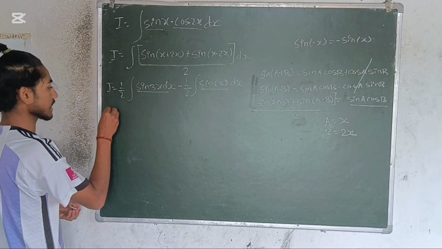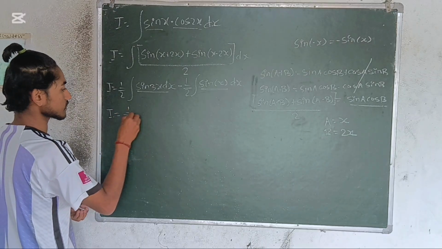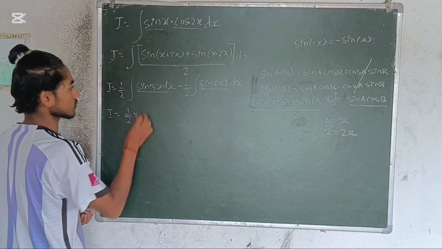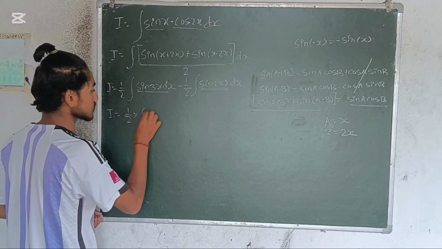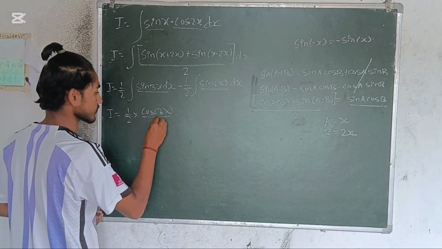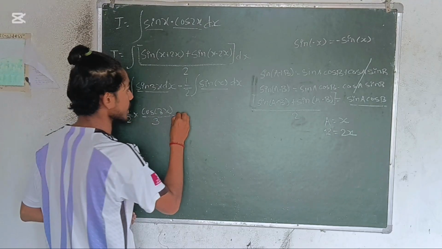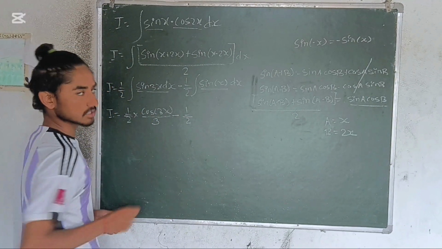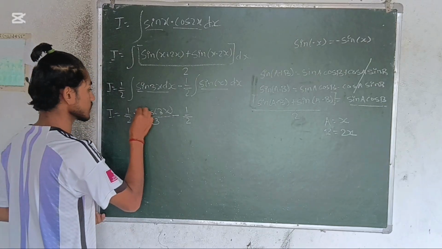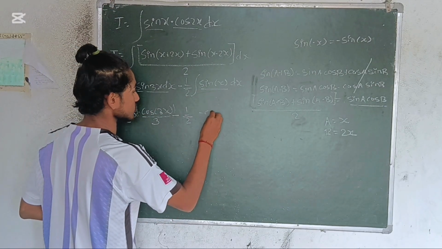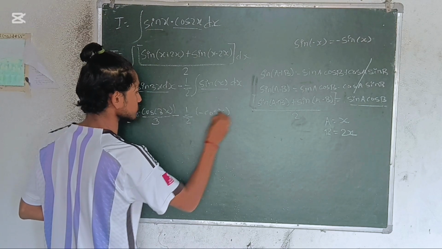In terms of integration, I have to write 1 over 6, because it is 1 over 2 times the integration of sine 3x, which is cosine 3x divided by 3, minus 1 by 2 times the integration of sine, which is negative cosine, so negative cos x, plus c.